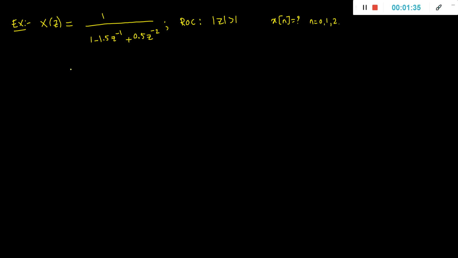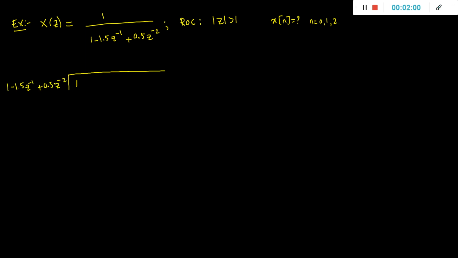So if the sequence has to be right-sided, then I need to get the negative powers of z. So we have the numerator 1 divided by 1 minus 1.5 z inverse plus 0.5 z to the power minus 2.